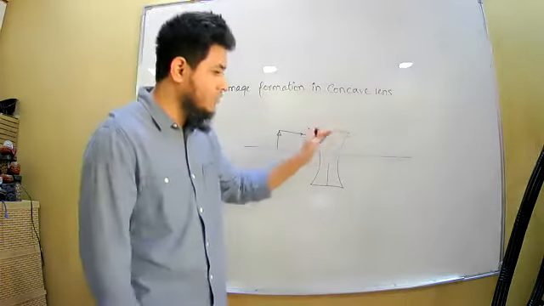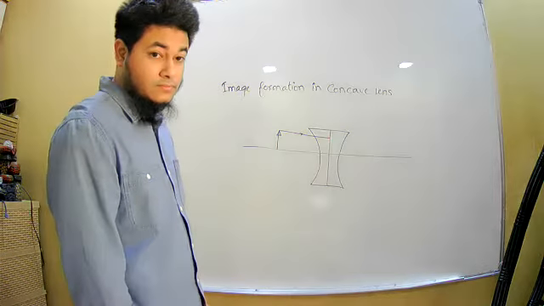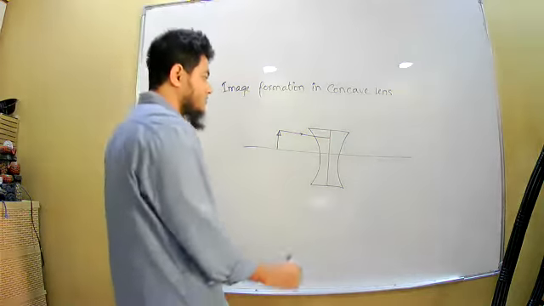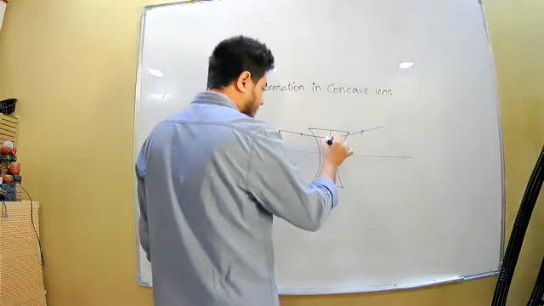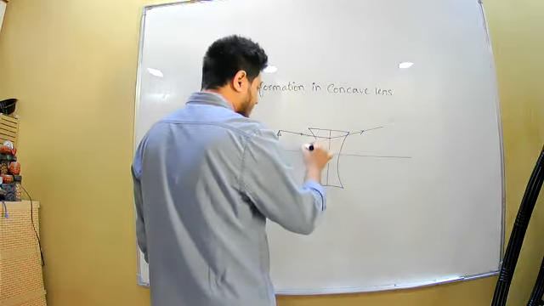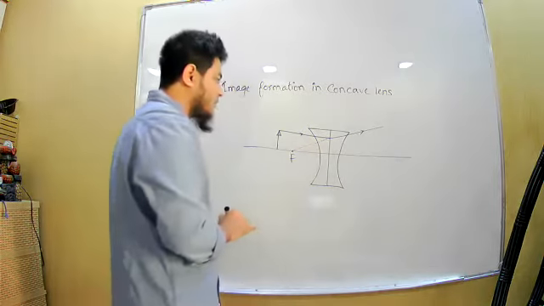Will it converge or diverge? Diverge. It will diverge in such a way that if you extend it backward, you will feel like it is coming from the principal focus.